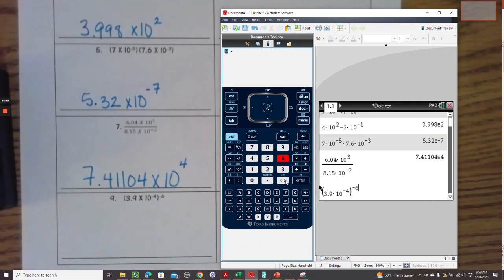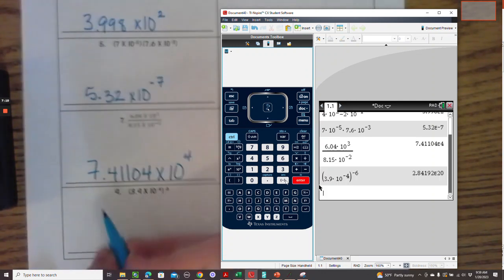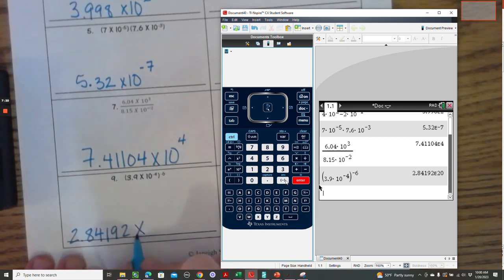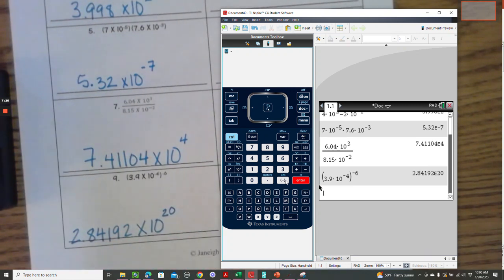And then tell me what number you get there in front of the E. For number 9, what are the numbers in front of the E that you get on this one? 2.84192. Okay. So same thing. Again, when I first wrote this, it didn't round out this far. It's okay. 2.84192. So instead of the E, times 10 to the 20th.